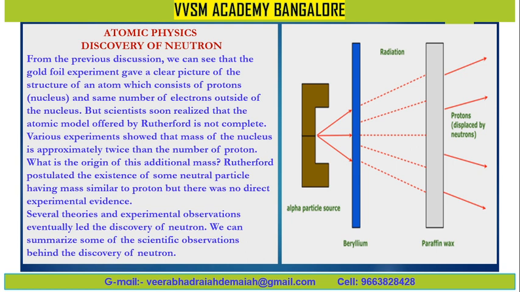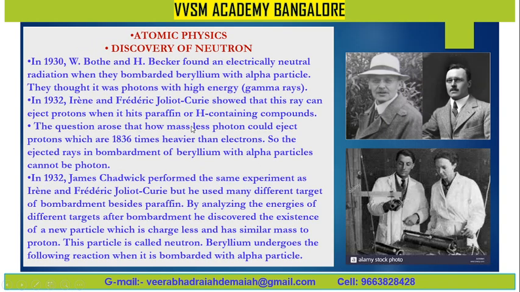We can summarize some of the scientific observations behind the discovery of neutron. Alpha particles bombarded from a radioactive source onto beryllium produce radiation, and this radiation on paraffin wax displaces protons, which leads to the discovery of neutrons.